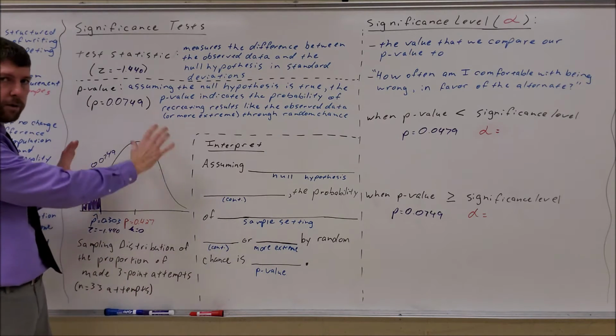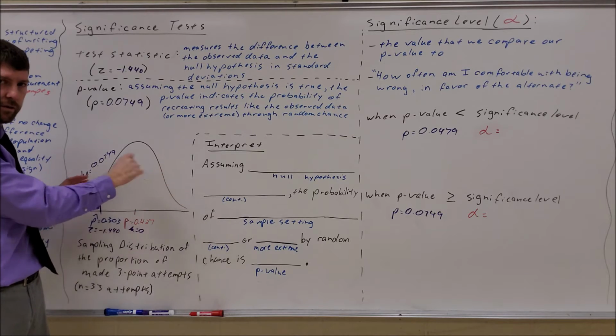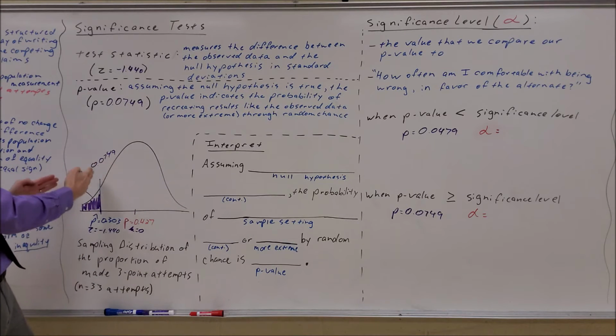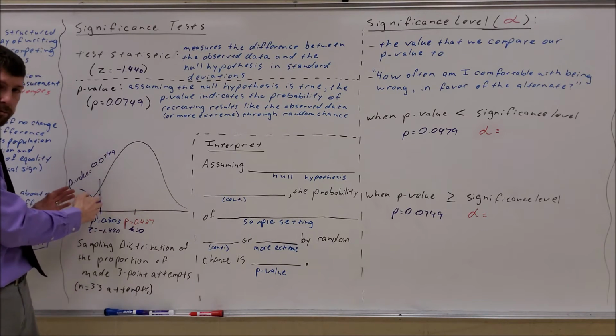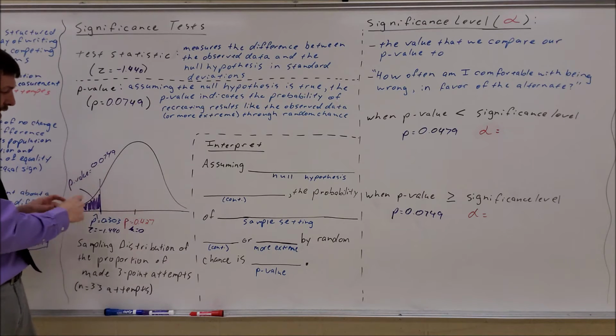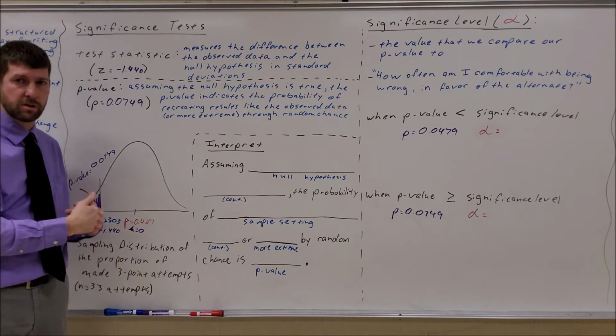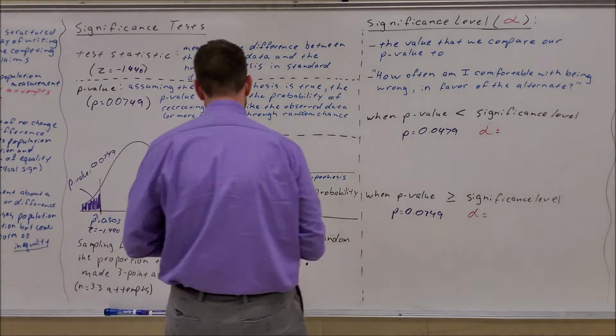So remember, this is all possible samples of 33 attempts, and this down here represents, out of all those samples, the proportion where she made 30% or less, which is what we observed.